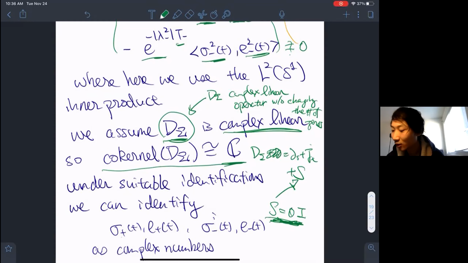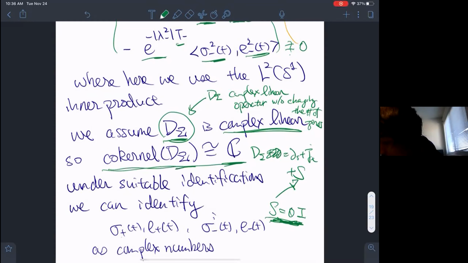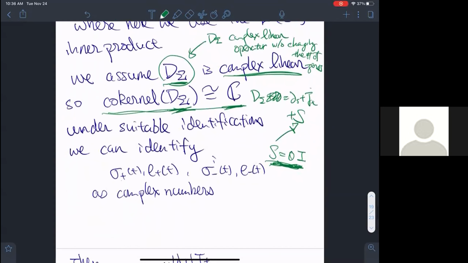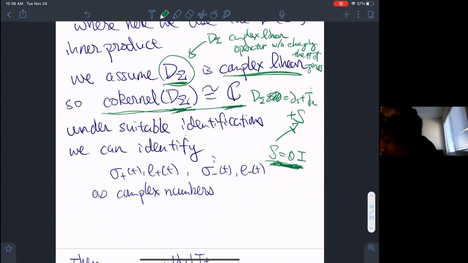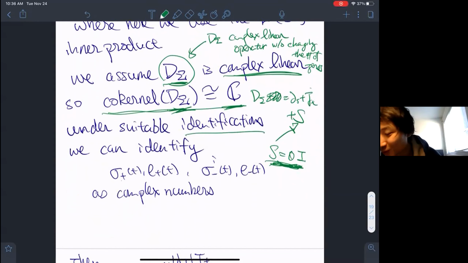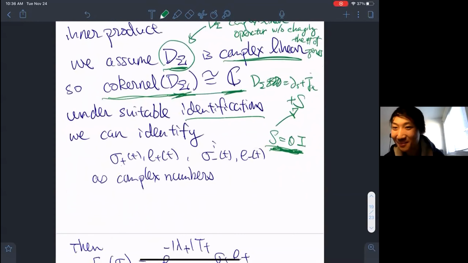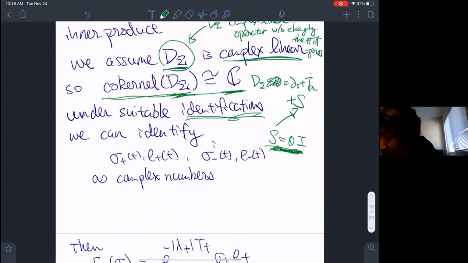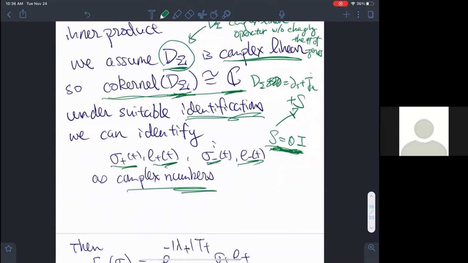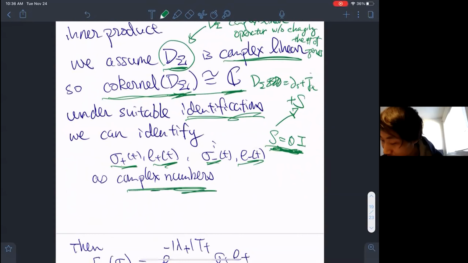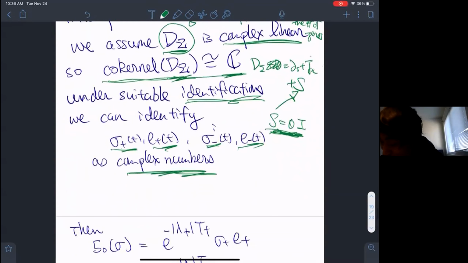Okay, so I've deformed d sigma to be complex linear. And then using some further identifications, which I didn't write out, I'm regretting a little bit now because I'm way under time. But using some further identifications, you can identify these eigenfunctions with elements as complex numbers. So something is going on here.